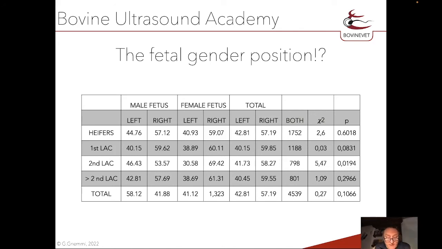Well, always in this trial, I was also able to ascertain that there was no different predisposition to gestational losses by reason of the sex and by reason of gestation position. A male or a female, right or left, has the same probability of losing gestation.